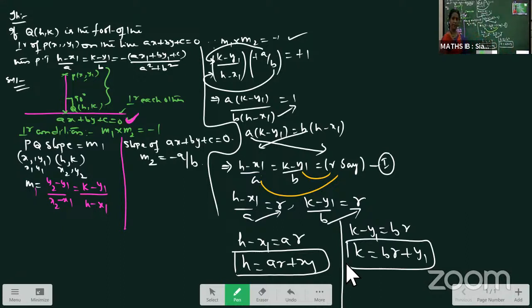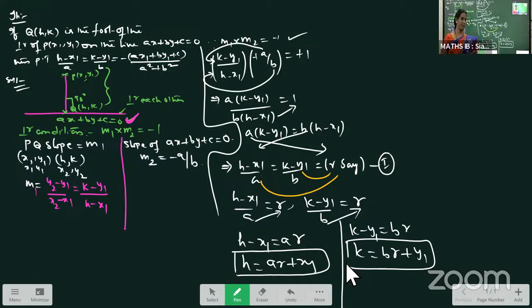I hope that you people have heard about the image theorem also. The perpendicular theorem I am explaining. What is the next theorem? Image theorem is there. Foot of the perpendicular and image, both are the same up to here. That one and this one are exactly the same. From here onwards, the question will change. So that's why up to this part, learn properly.